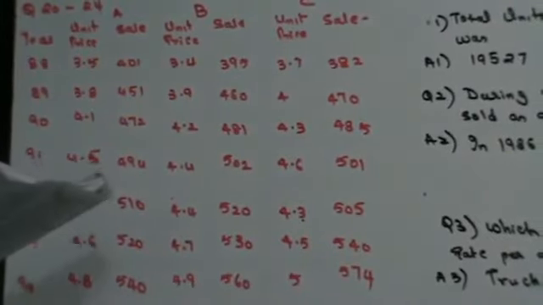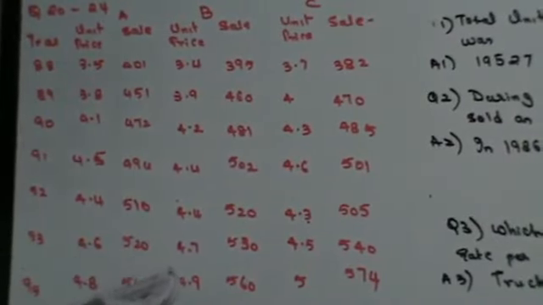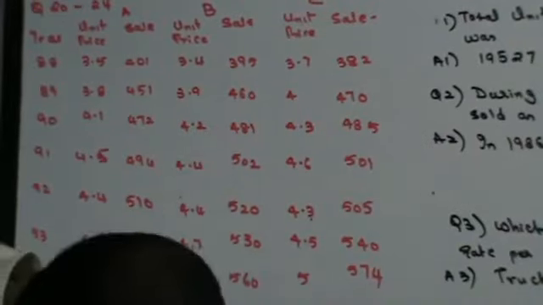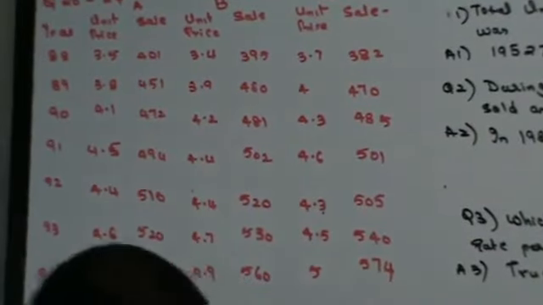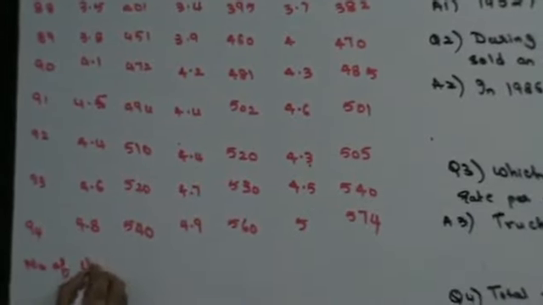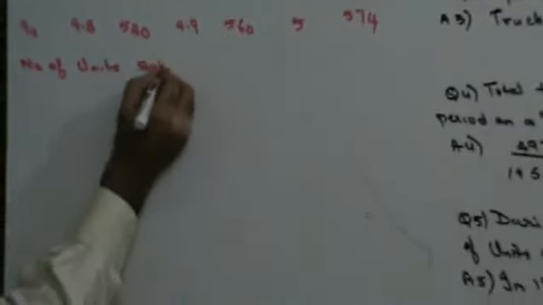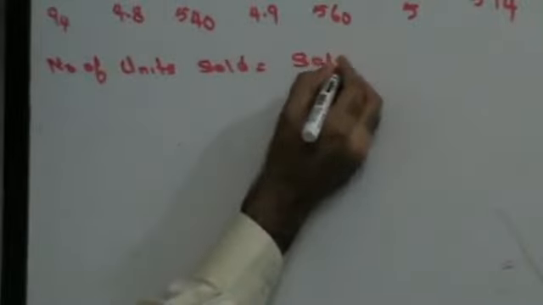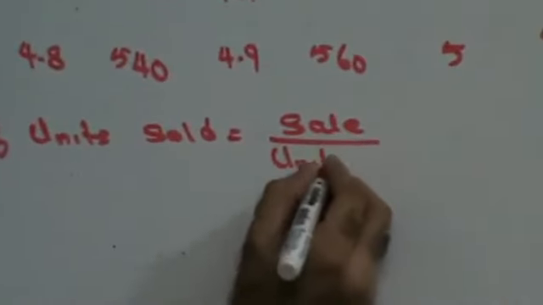So they give you the data for three companies about the unit price of the product and the total sales of the product. Before I move on, let's find the number of units sold. How do I find it? The number of units sold is going to be sale divided by unit price.